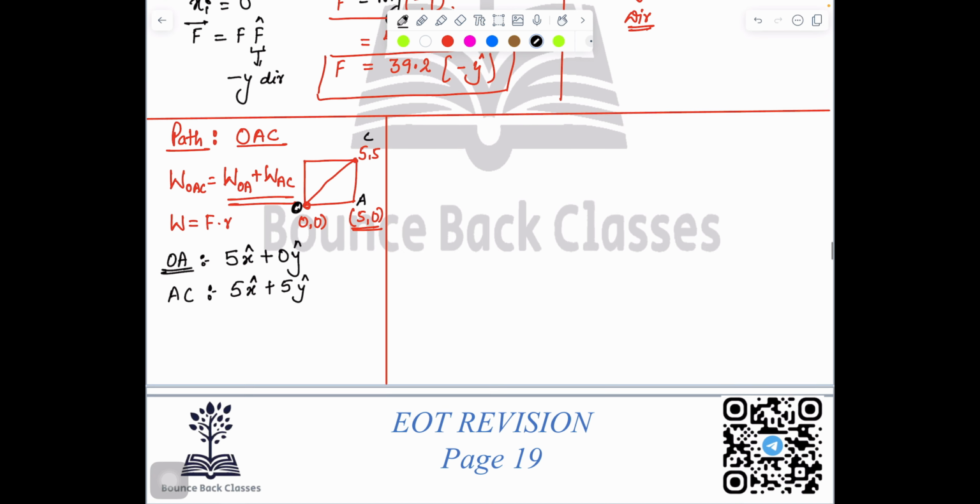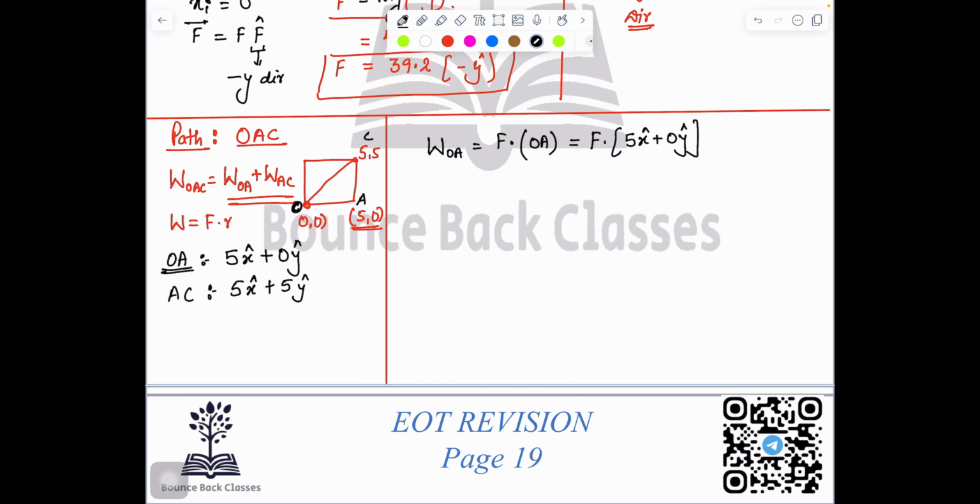So solve the first force, the work done along OA. Force dot OA. Instead of OA, can I write 5x cap plus 0 y cap?